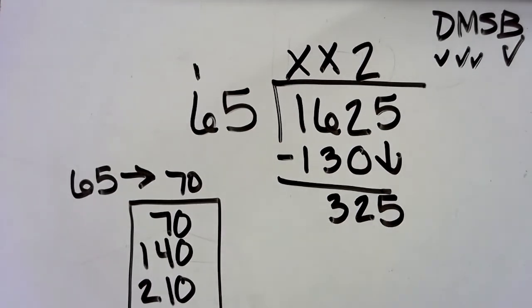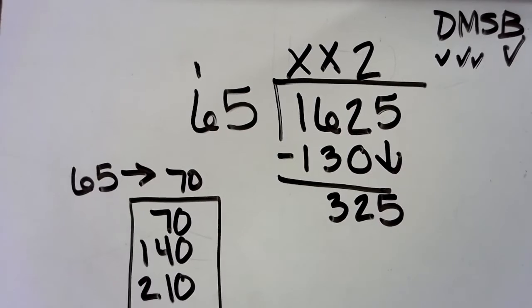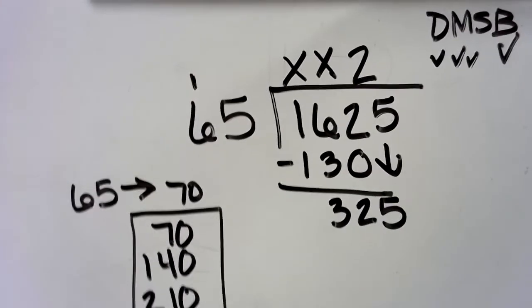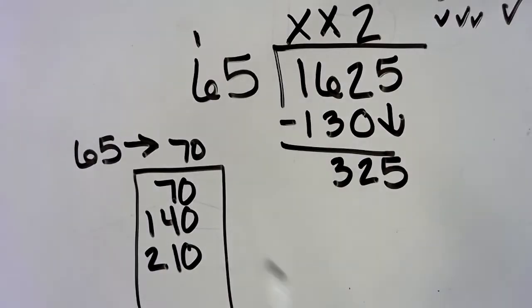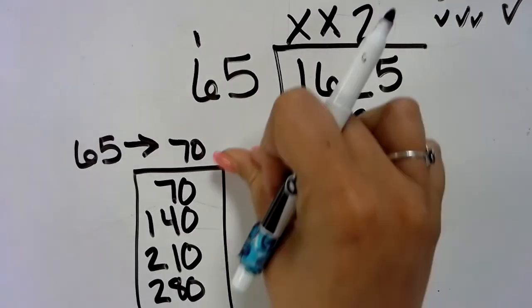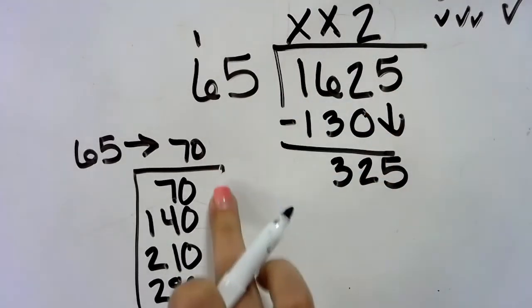So 21, I'm going to turn this just a little bit. You're not going to be able to see my DMSB a little bit. So I've got 7, 14, 21, and I know it's 28. So I add the 0, so 280. Let me put some over here so you can still see them.